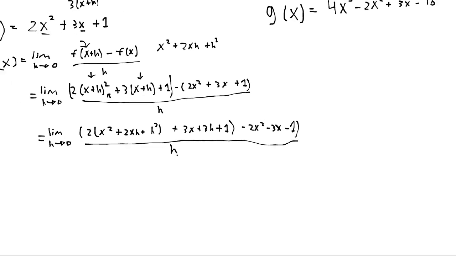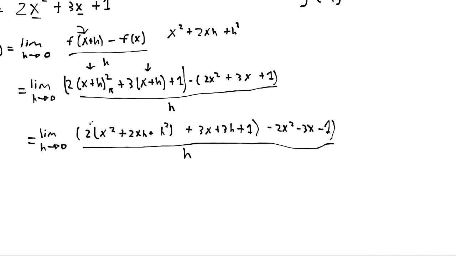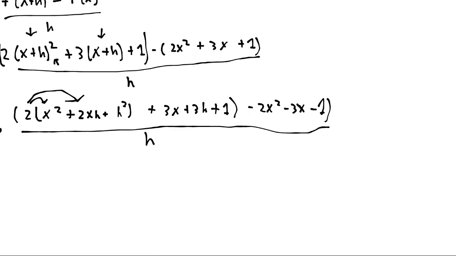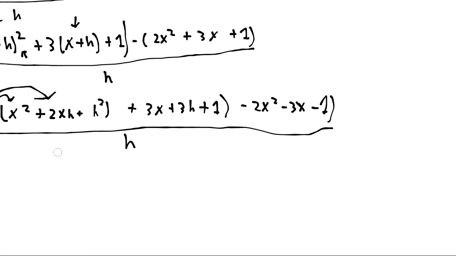Okay, this is what it should look like now. I still have to expand the 2 into here. The 2 is going to be expanded into all that, but everything else is pretty much expanded out. One thing I will do right now is take away some terms. I'll color these in different colors so we can see this 3x is going to cancel out with that 3x, because 3x minus 3x is equal to 0.